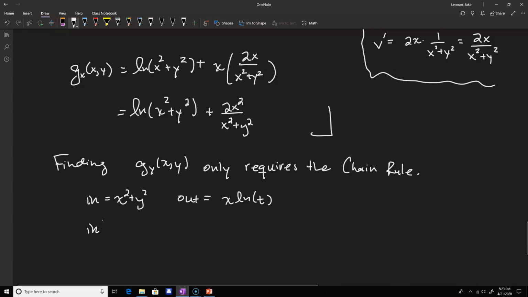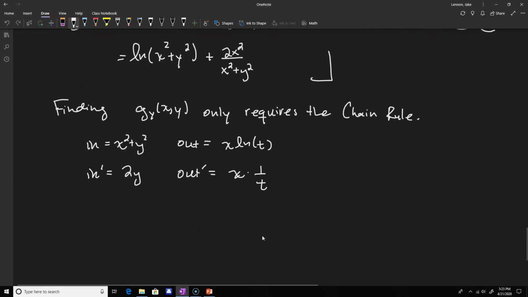So the derivative of the inside with respect to y is just going to be 2y. The derivative of the outside, thinking of t as our variable, is x times 1 over t. So our chain rule here, which is the derivative for gy of xy, is, again, we do in prime times out prime.